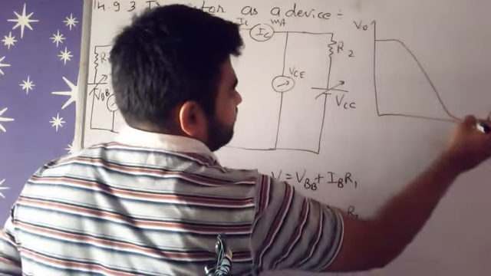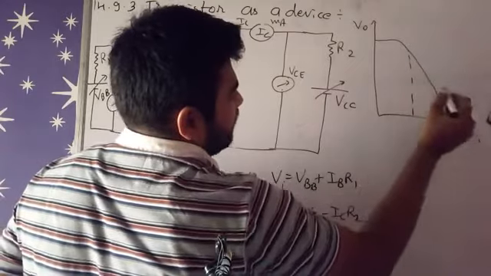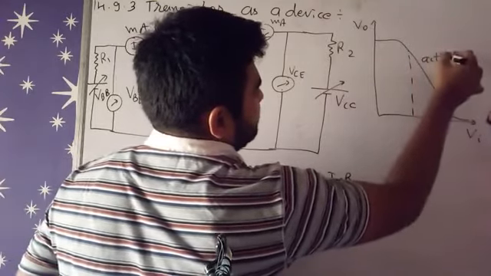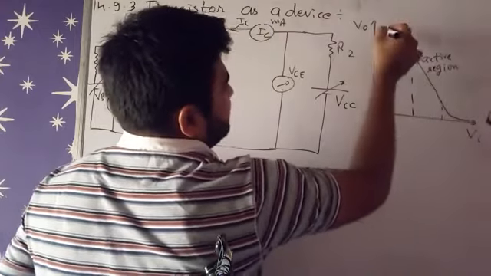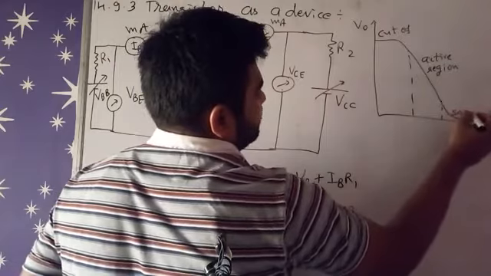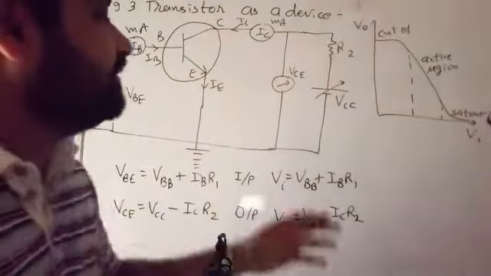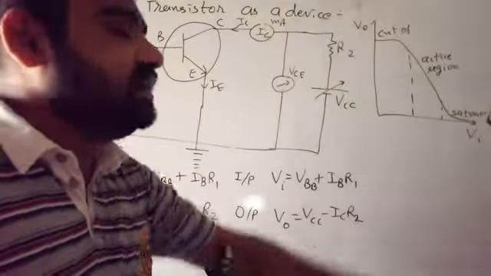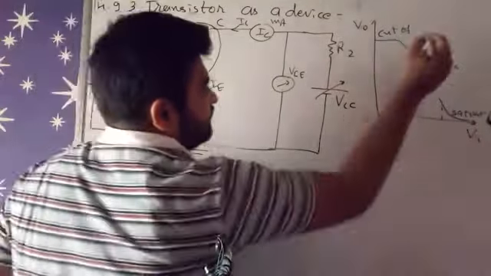So between these two, this is called the active region, active state, or we can say this is cutoff and this is called saturation. So we are having basically three regions of output and input voltages, right? Cutoff, active region and saturation region.